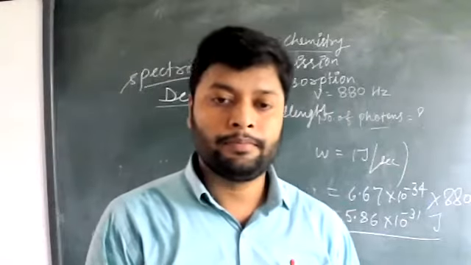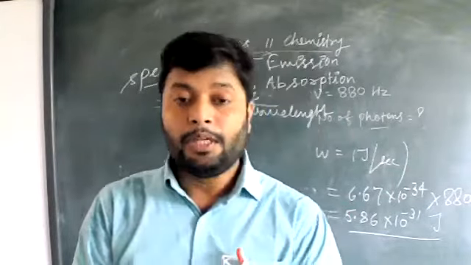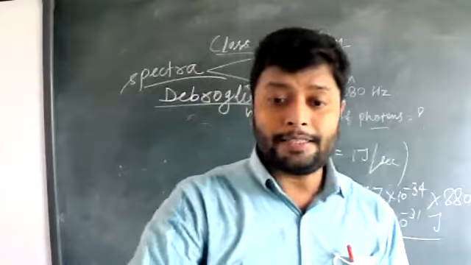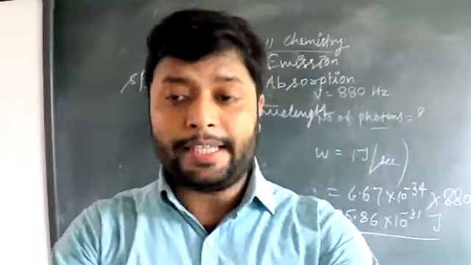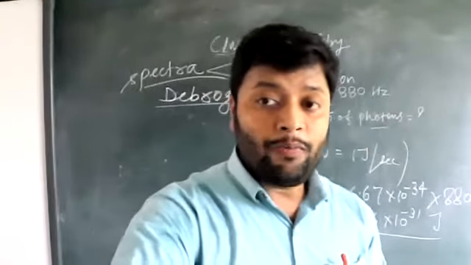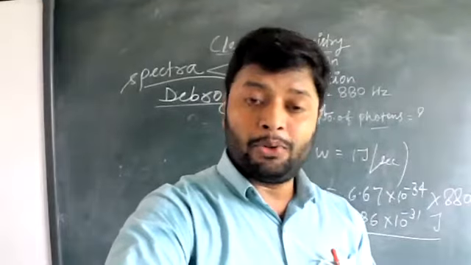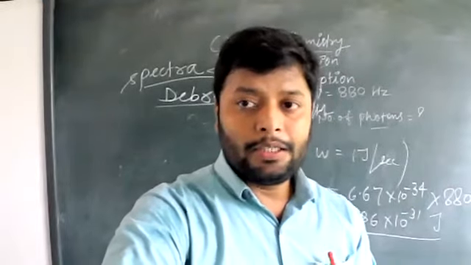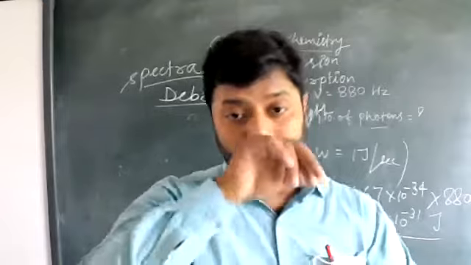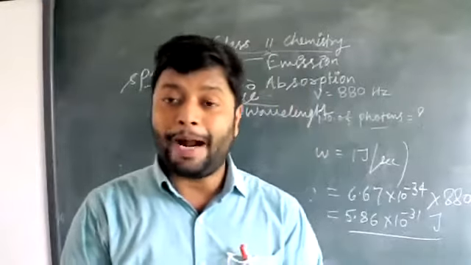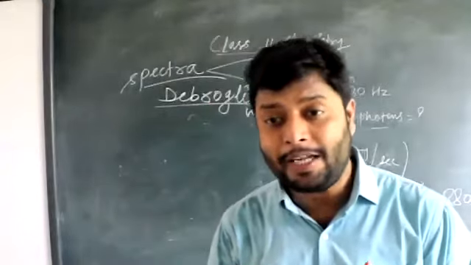Students, microscopic particles have two different natures, a wave nature and a particle nature. The microscopic particles have a dual nature, a particle nature as well as a wave nature.